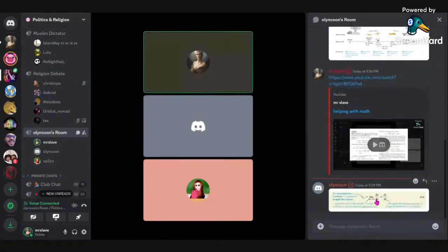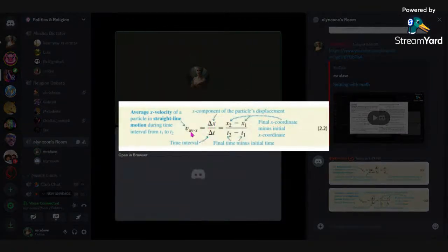I don't see 2.2 yet. Okay, here's 2.2. I was curious what this is: average x velocity of a particle in straight line motion during the time interval from t1 to t2. Oh, AV just means average, and it's not minus x, it's average in the x axis.